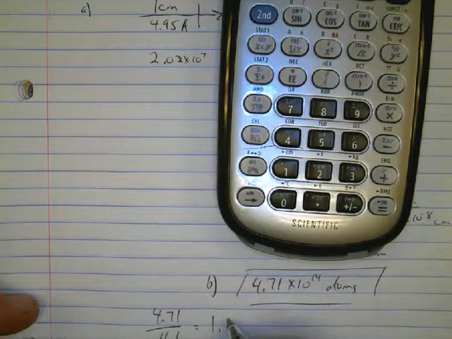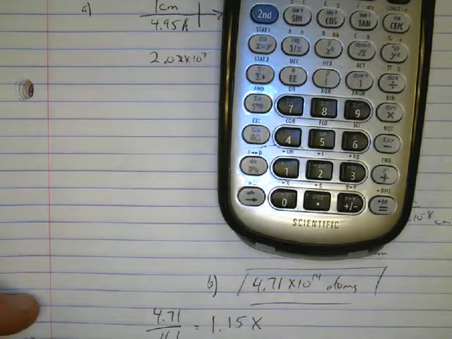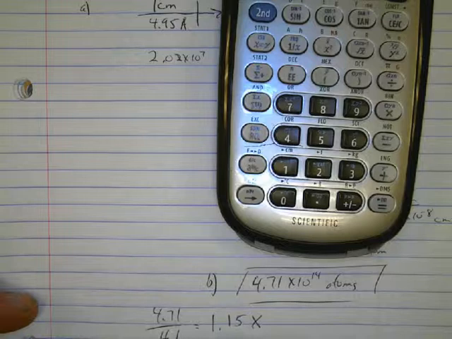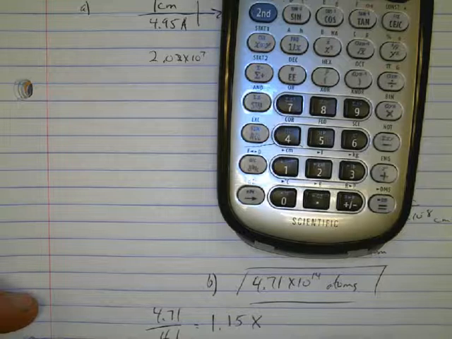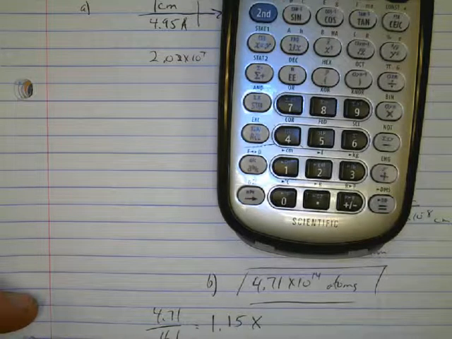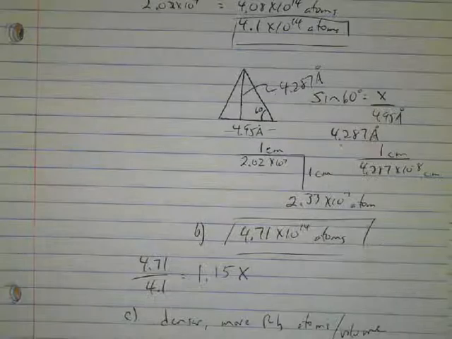So that's the answer to the next part. And then the next question is, would that be a more dense cube? The answer is, of course, it would be denser because there are more rubidium atoms per volume. Okay? So that's the solution that I had.